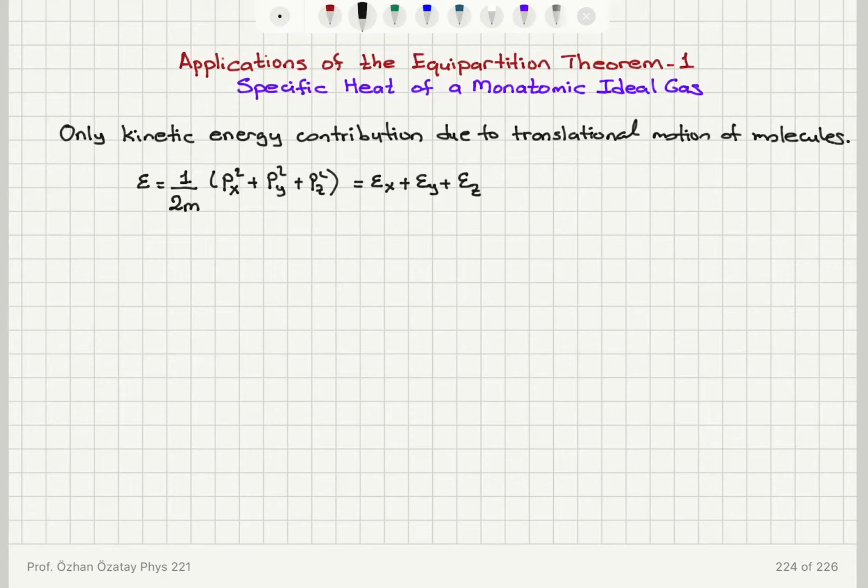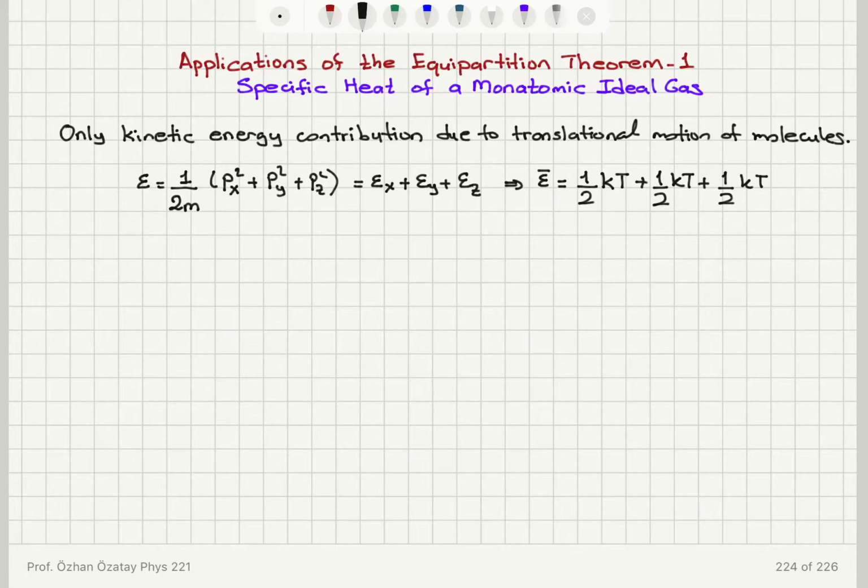And epsilon x, y, and z only have a quadratic term in momentum. So therefore, using the equipartition theorem, the mean energy for each of these components will be equal to 1 over 2 thermal energy, kT, for epsilon x, epsilon y, and epsilon z.